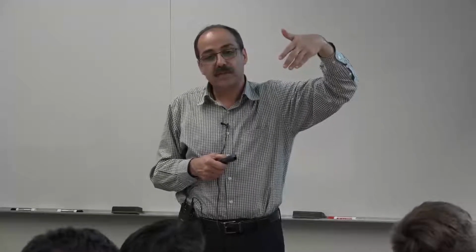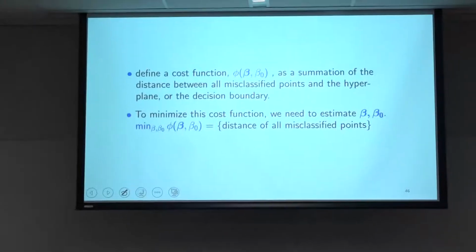We need a cost function, and you can have many different cost functions. You can score them in many different ways. And based on the way that you're scoring them, you get many different algorithms. So again, traditionally, the way to score them is to find the distance of all misclassified points.